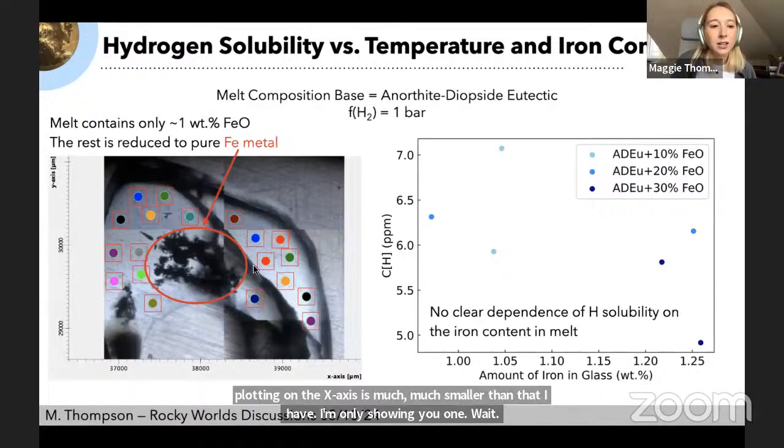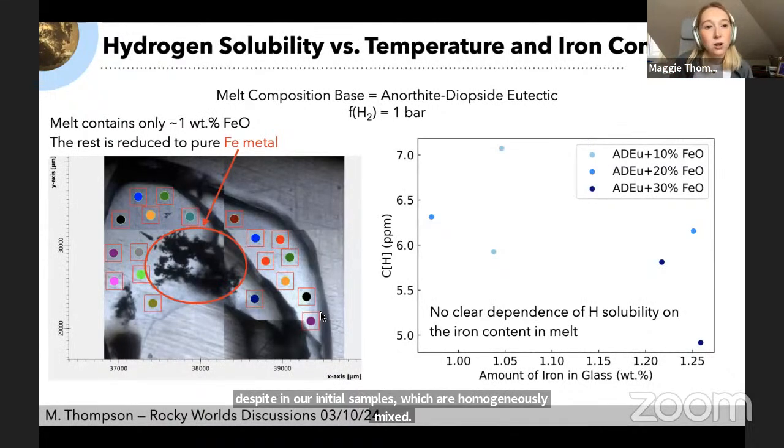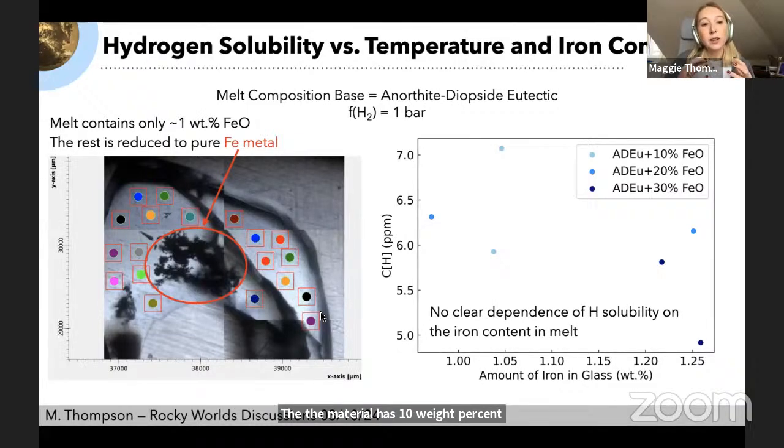So what's actually going on here is that despite our initial samples, which are homogeneously mixed, having 10 weight percent of FeO in them, in the experiment, and this is likely during the experiment, not just a quench effect, the fact that we're doing these under quite reducing conditions reduces the iron that was iron oxide in this melt to iron metal.